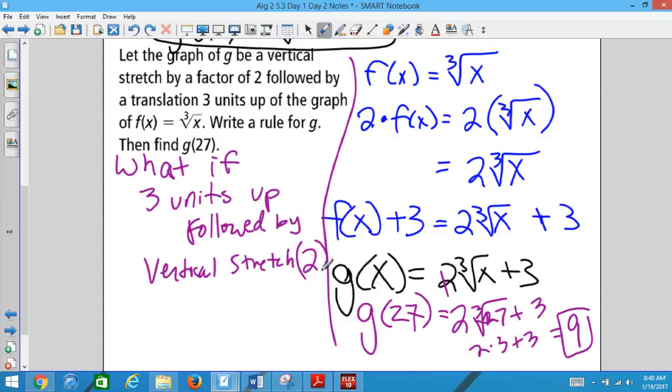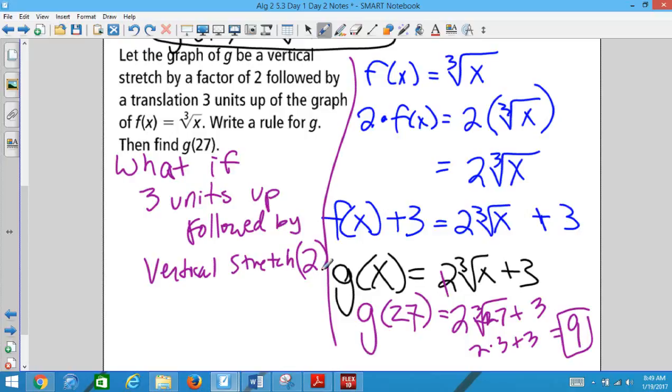It's the same question, just in a different order.